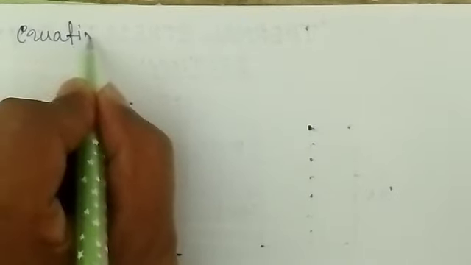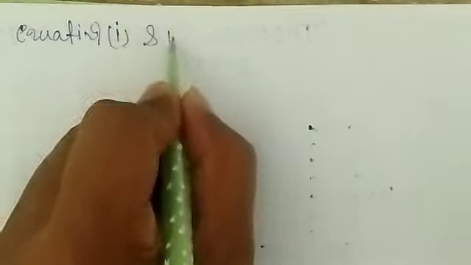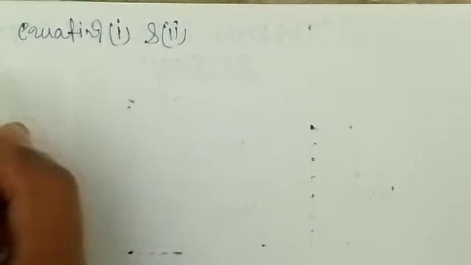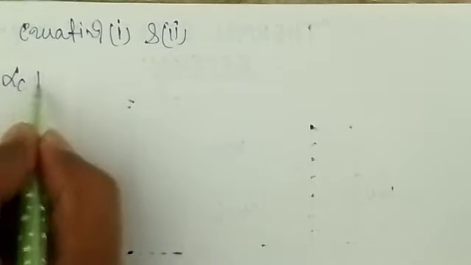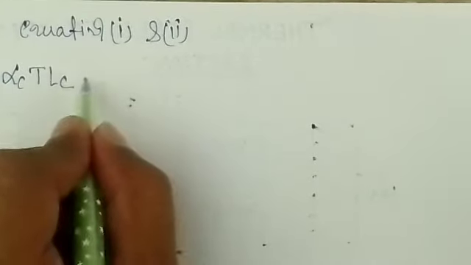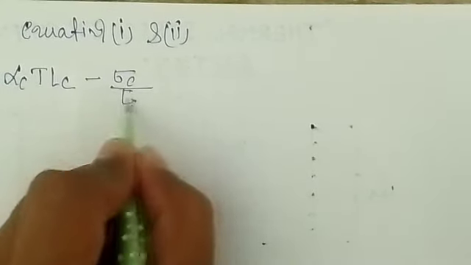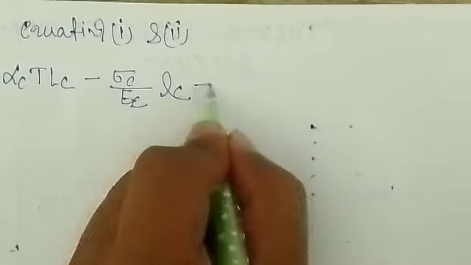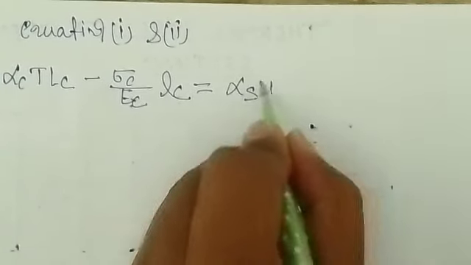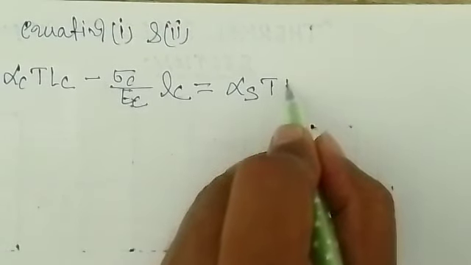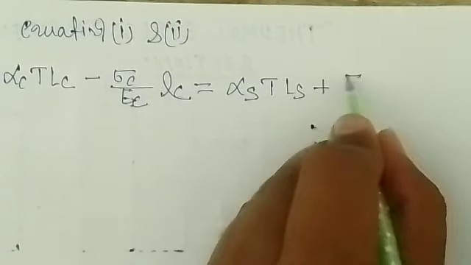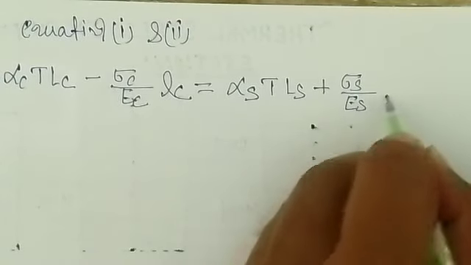So when you equate 1 and 2, equation 1 is nothing but alpha c T into Lc minus sigma c by Ec into Lc is equal to alpha s T into Ls plus sigma s by Es into Ls.